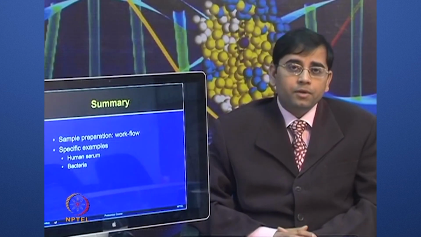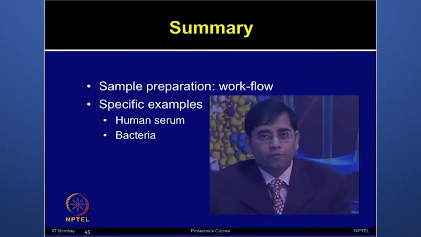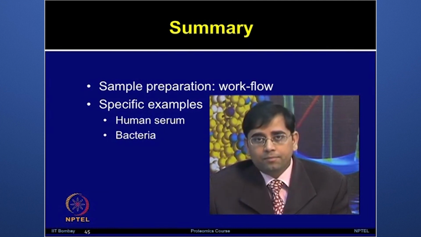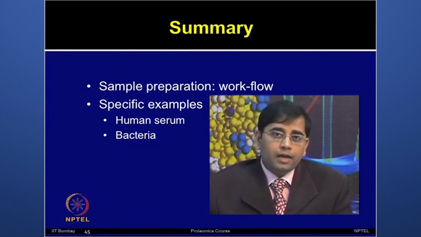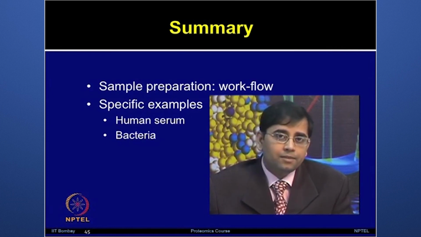So, in summary, today we have discussed the sample preparation workflow, which was continued from the last lecture. We talked about different types of precipitation methods, which can be used for different applications. We compared different methods.